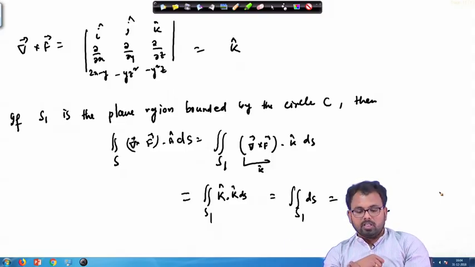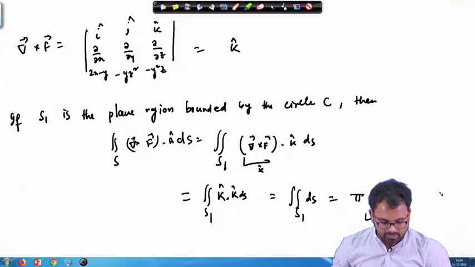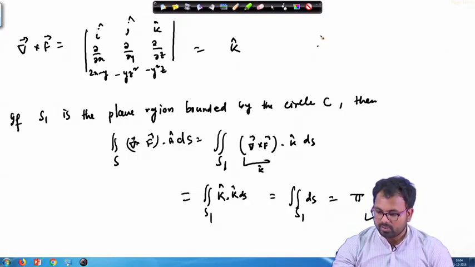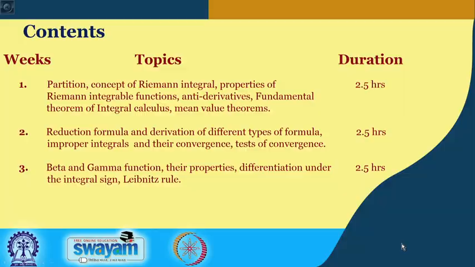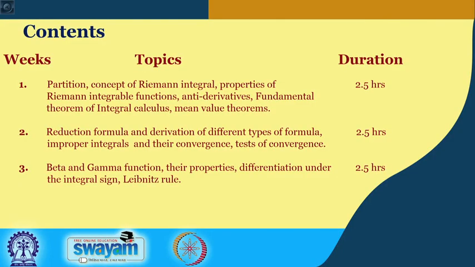All right. So, let me give you a quick recap of the syllabus. Initially we started this integral and vector calculus course from the concepts of Riemann integral.